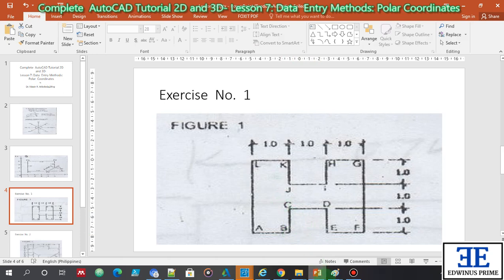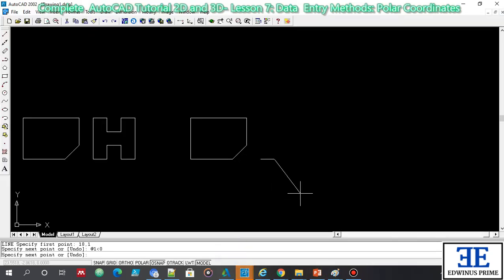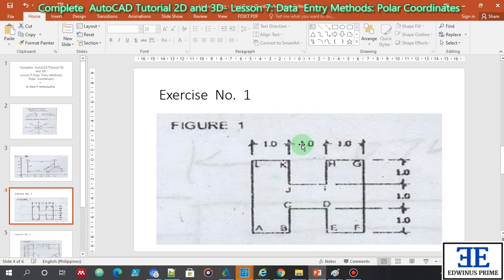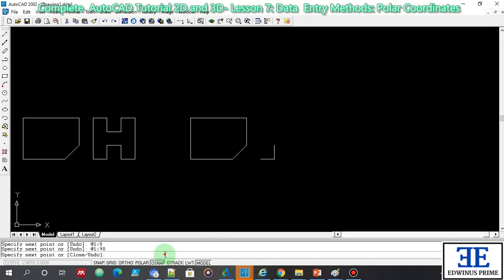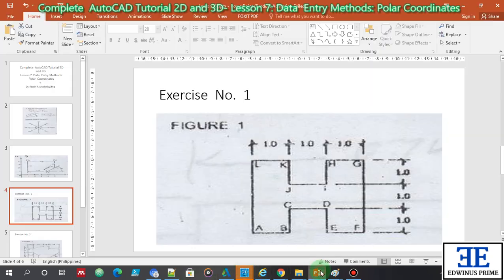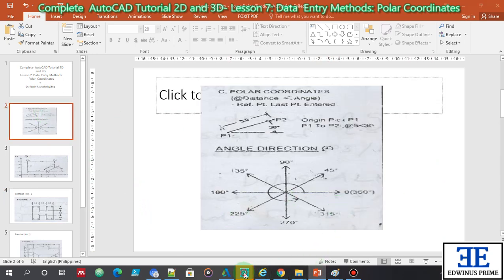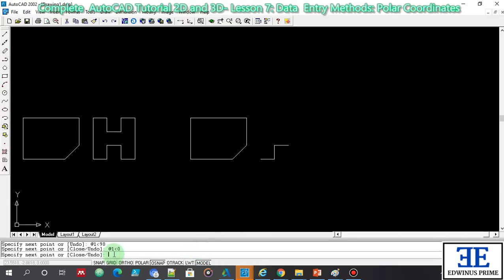So from B to C, that is at 1, angle 90. From C to D, that is 1, angle 0. From D to E, that is 1, angle 270.